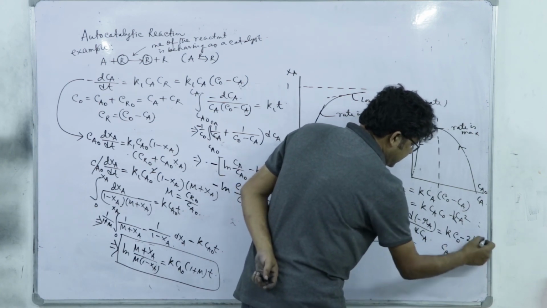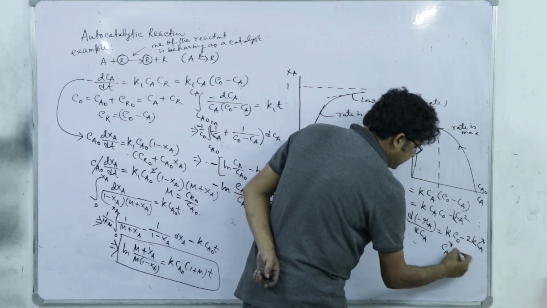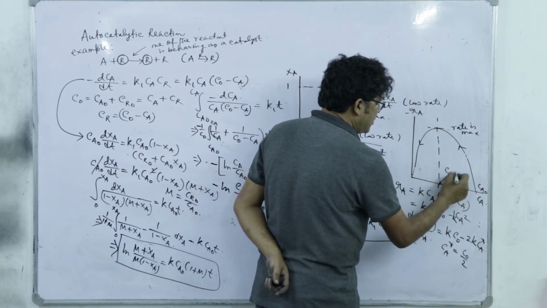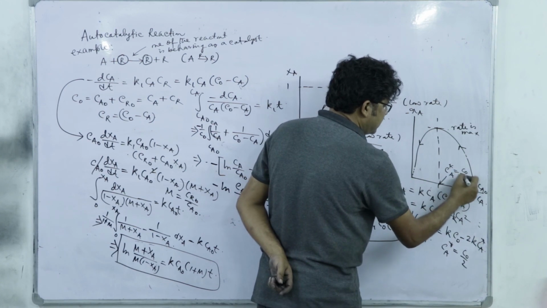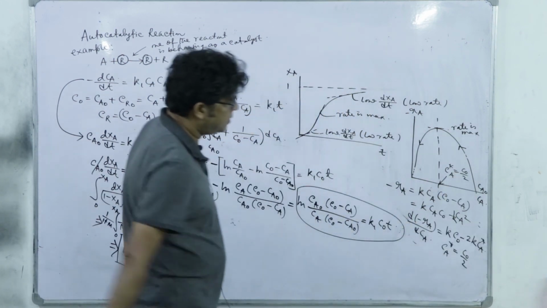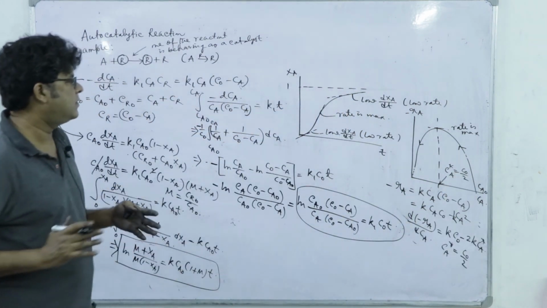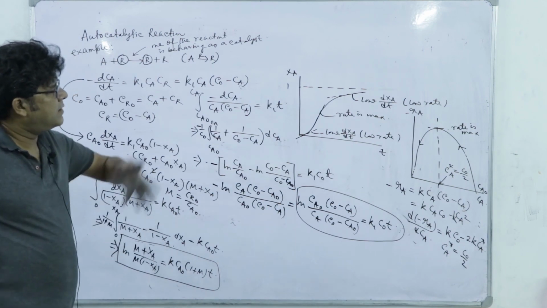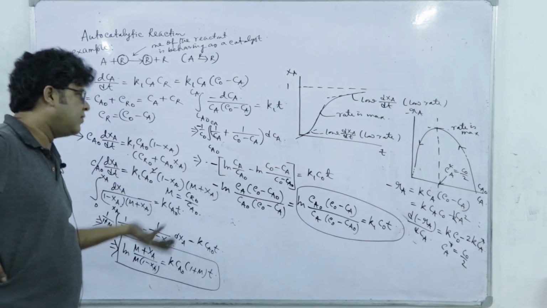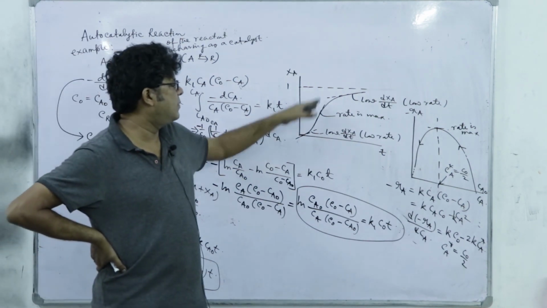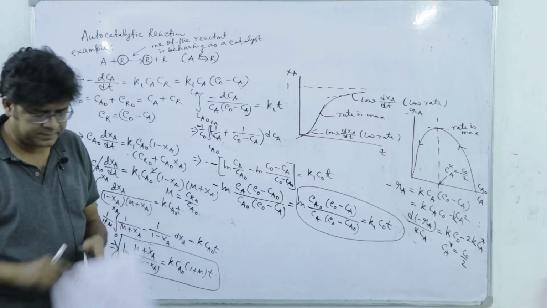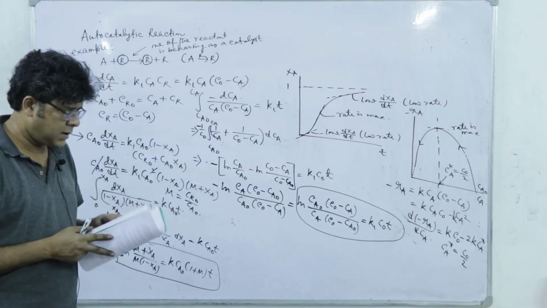So CA star, when it is C naught by 2, then the rate becomes maximum, right. So autocatalysis will start initially with a low rate, then the rate goes to the maximum, then again drops, which is also similarly portrayed by this XA versus T plot, right.